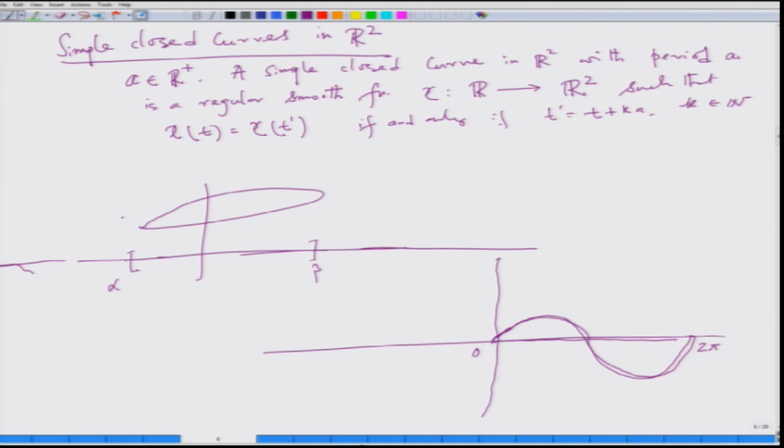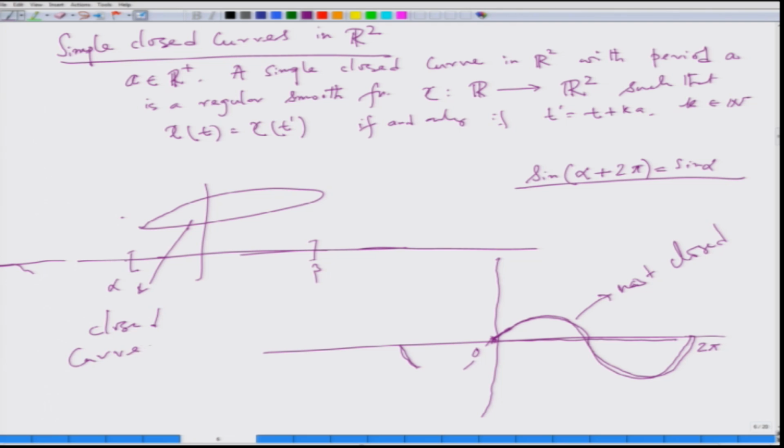Now, I can extend it periodically to entire R using the formula that sine of alpha plus 2 pi is sine alpha, but this is not a closed curve, whereas we are concentrating on closed curves.